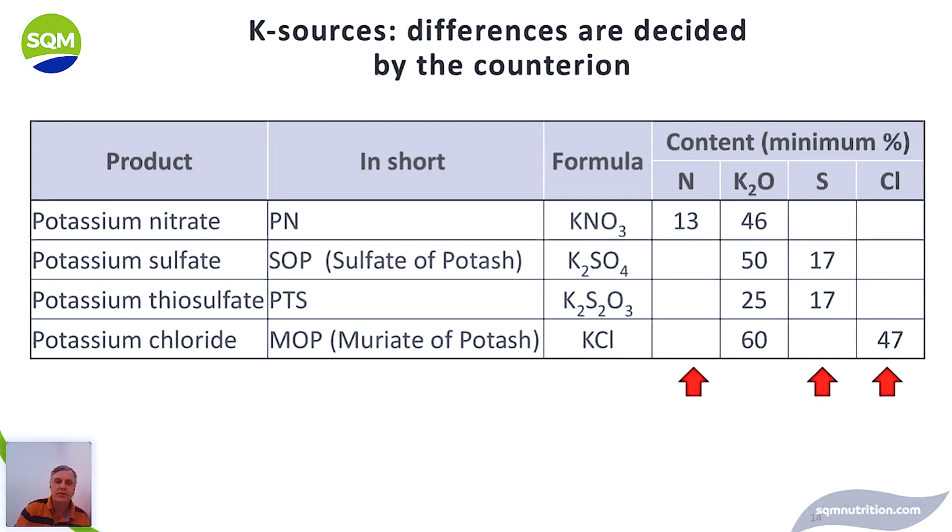And if you use muriate of potash, potassium chloride, together with potassium, we are applying chloride. And that's the real difference. So, comparing the potassium sources, the difference is not about the element potassium itself, but about the counterion, the element that will come together with potassium. And you need to consider that because that element will be present in our soil solution.